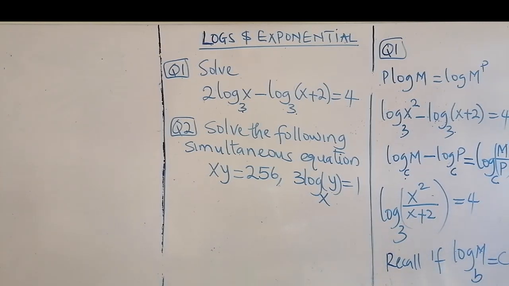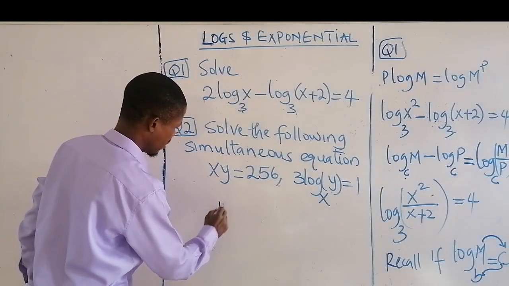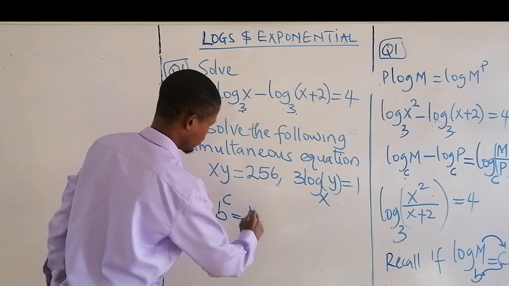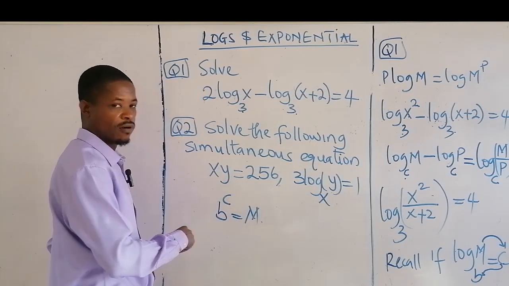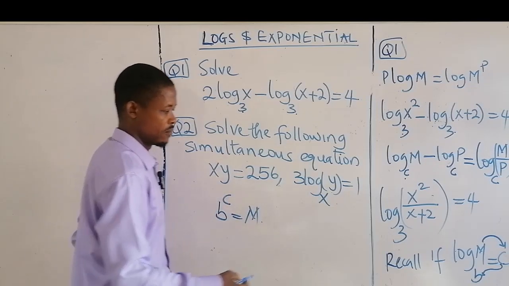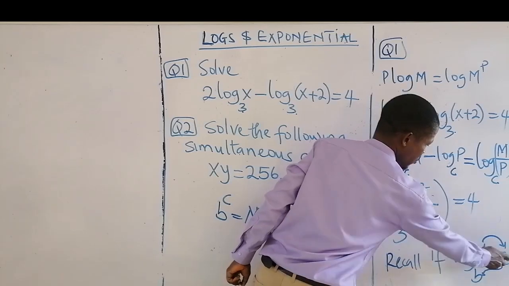If you want to turn it to exponential form, this one comes to the top as a power, and this one comes here, and that will be b to the power c equal to m. By so doing, you have turned the logarithm form to exponential form.